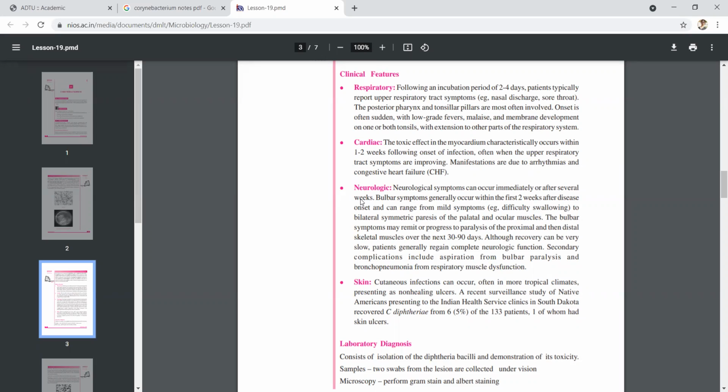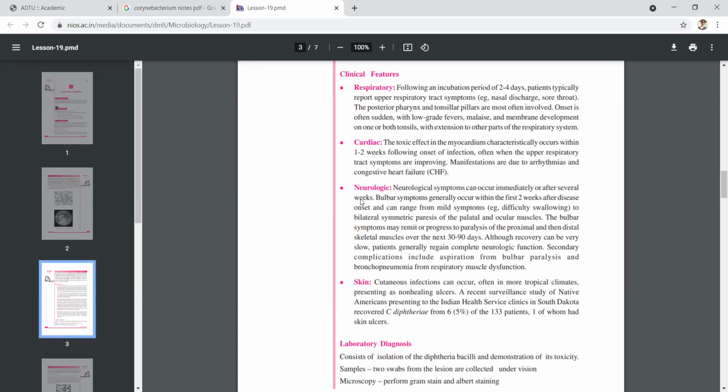Next is neurological. Then from cardiac, again, you see neurological problems also. Here the symptoms can occur immediately or after several weeks. Bulbar symptoms generally occur within the first 2 weeks after disease onset, and they can range from mild symptoms, that means you will find problems in swelling, to bilateral symmetric paresis of the palatal and ocular muscles. That means you would find movement difficult in the palatal area and the area near your eyes.